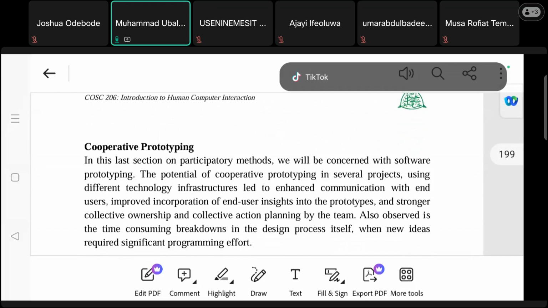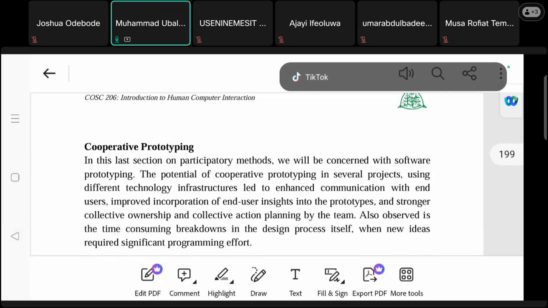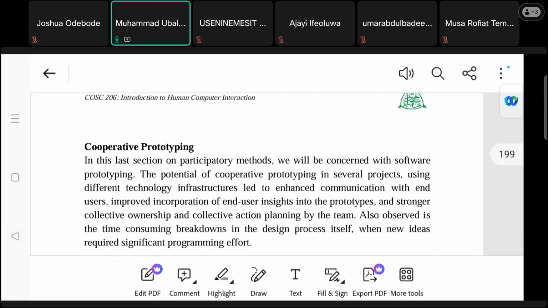Now, the potential of cooperative prototyping in several projects using different technology infrastructure led to enhanced communication with end users, improved incorporation of end user insights into the prototypes, and stronger collective ownership and collective actions claimed by the team.